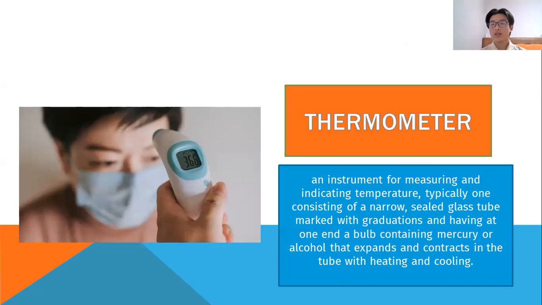Usually, it measures and indicates temperature. That is its function. Typically, a thermometer consists of a narrow glass tube marked with graduations and having a bulb at the end. The bulb contains mercury or alcohol. This mercury and alcohol expand and contract in the tube with heating and cooling.